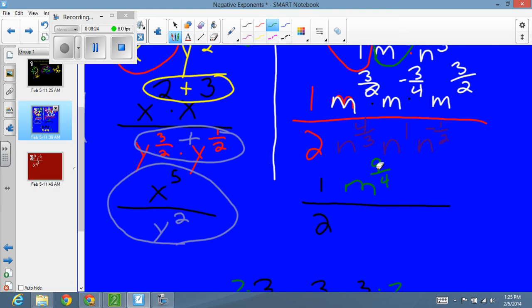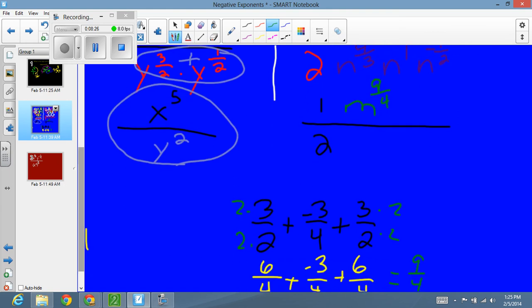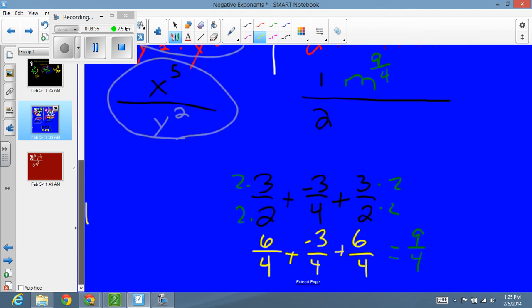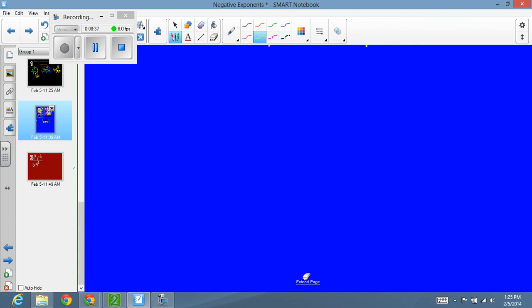In the denominator now I have to add all these together. 4/3, 1, and negative 1/2. So 4/3 plus 1 plus negative 1/2. Well, I got to come up with a common denominator.